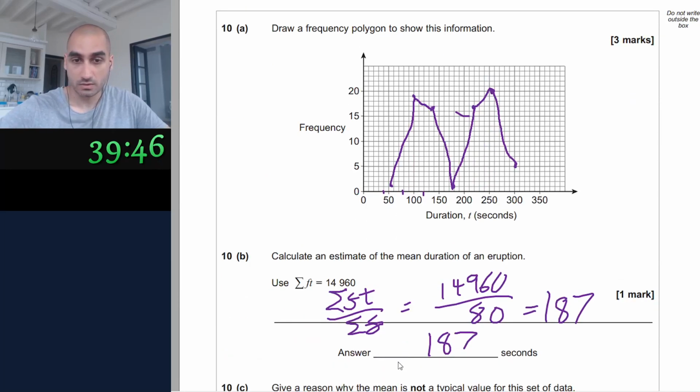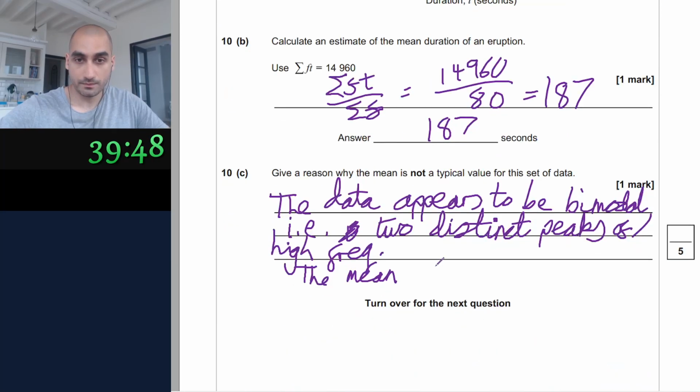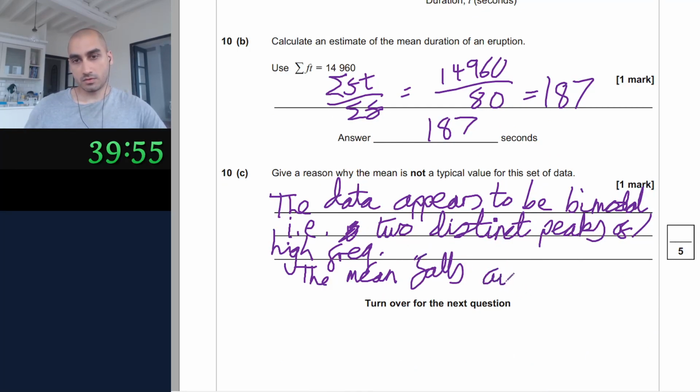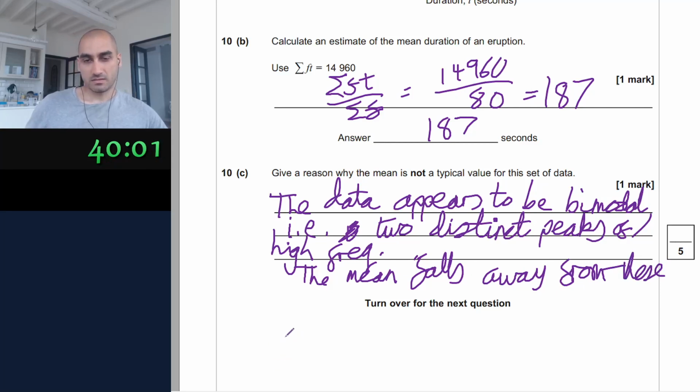Okay, so the mean falls away from these frequent values. I don't know how to express what I'm thinking.